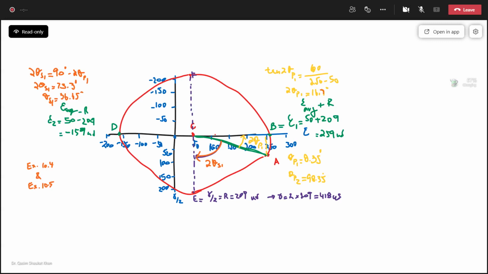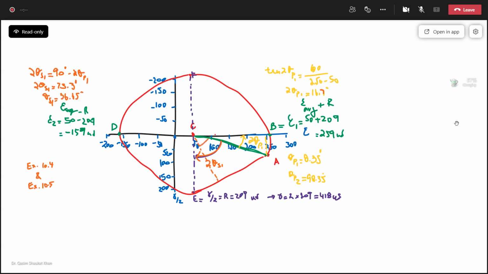So from 16.7, moving from the reference line CA in the clockwise direction, 40 degrees. Approximately, if you can see, 2 theta s1 is 73.3. I am doing it approximately because I do not have a compass, but when you do it, you will use the compass. So approximately this much angle, let's say, is 40 degrees.